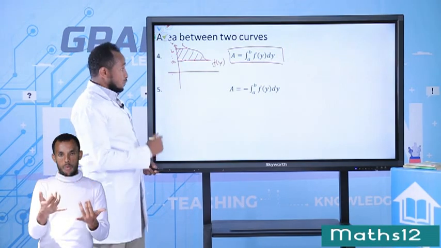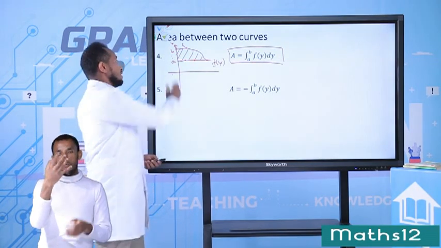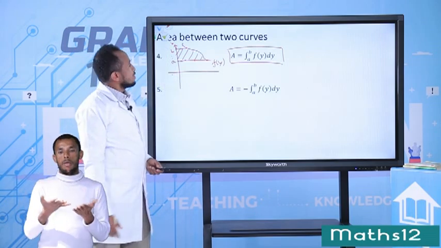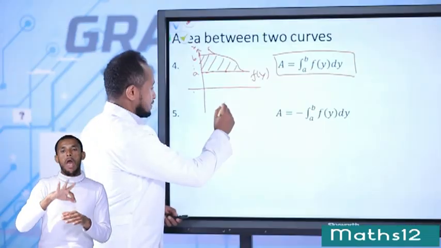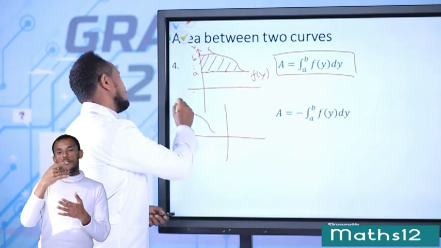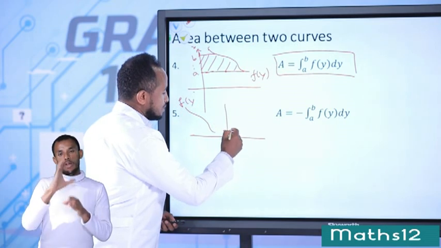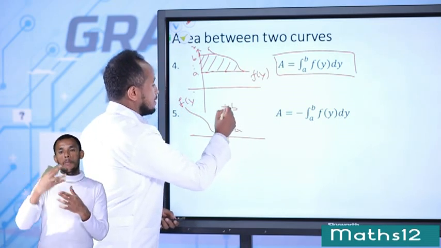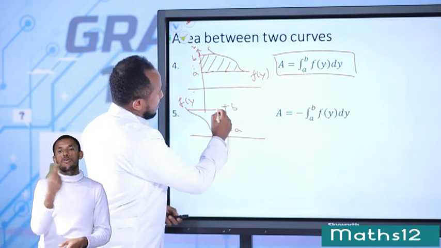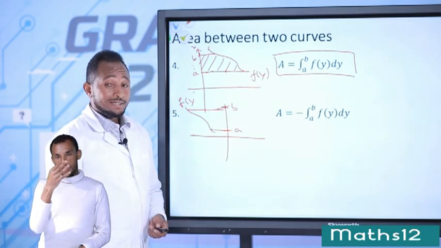Now the fifth one, sometimes this function f of y may be below the y-axis like this. Sometimes the function, this f of y may be here. And you may be asked to calculate the region bounded by this function f of y with y-axis.